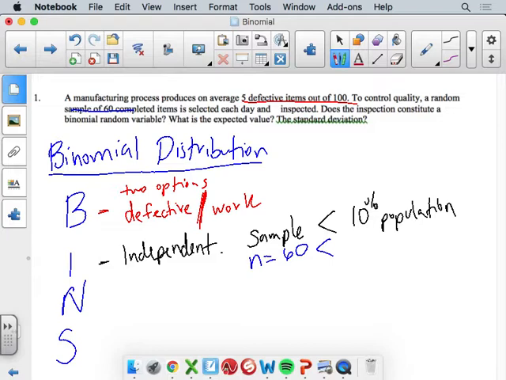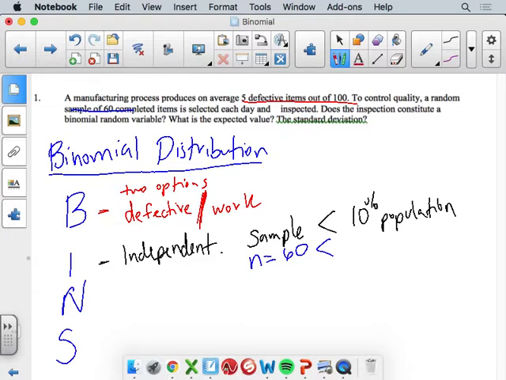So sometimes you have to assume independence if it doesn't say. In this case, I'm probably gonna assume that this manufacturing place made more. So 60 is less than 10%. That would mean we'd need 600 or more items made that day, which I'm gonna assume.